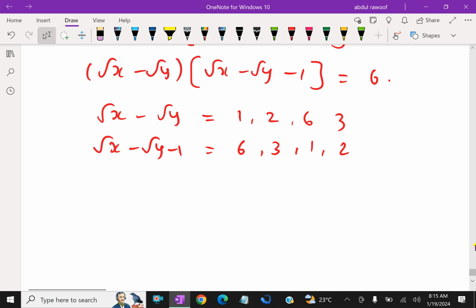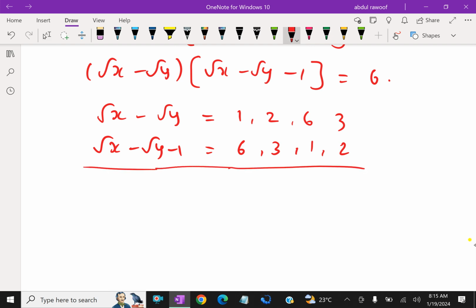Now adding left and right, root x plus root x is 2 root x.